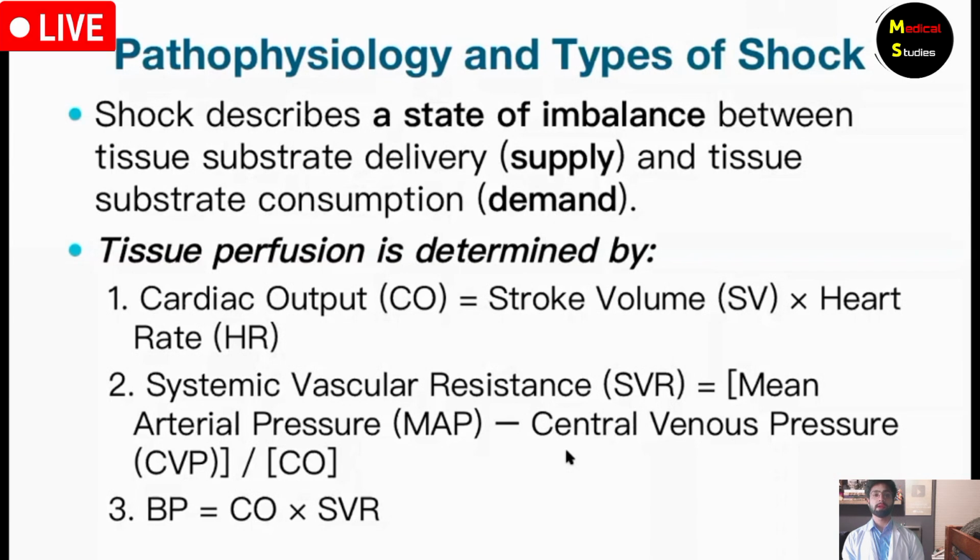The mean arterial pressure is the main pressure which drives blood flow inside your blood vessels. Now we discuss how to calculate it. MAP, meaning mean arterial pressure, is equal to diastolic blood pressure plus 1/3 of the pulse pressure.